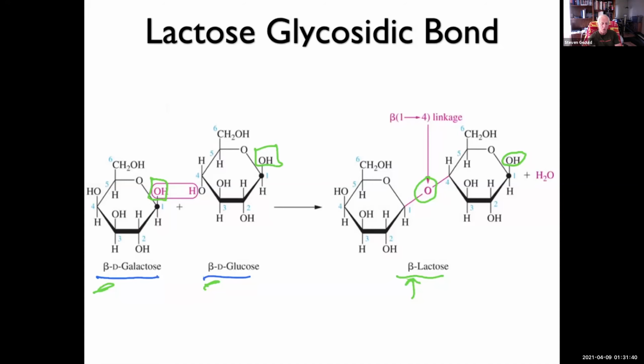Okay, so a lot of students, I'd say 80% on the exam, are going to miss this, because they're going to say, oh, it's beta D-galactose and beta D-glucose. It's going to form beta lactose. And no, it can, but it can also form alpha lactose, because this is what determines alpha or beta. It's the position of the OH group at the number 1 carbon. If it's up, it's beta.